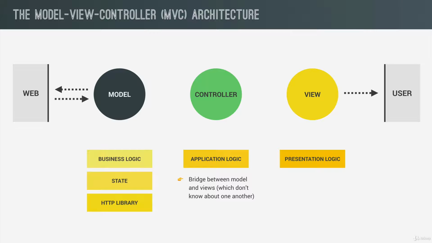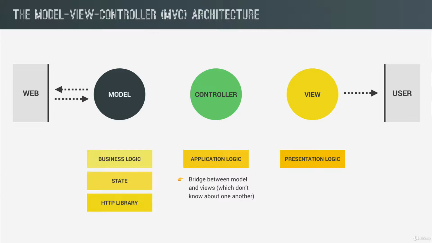And in fact, one of the big goals of the MVC pattern, of this model view controller architecture, is to actually separate business logic from application logic, which makes developing the application so much easier. But as a consequence, we then need something to connect these two parts. And so that is the controller.